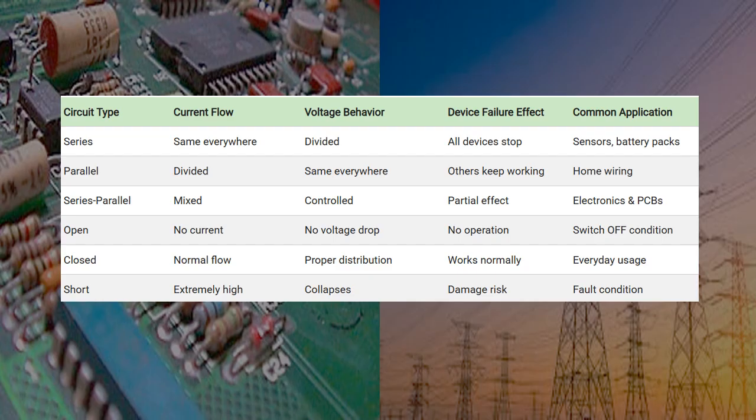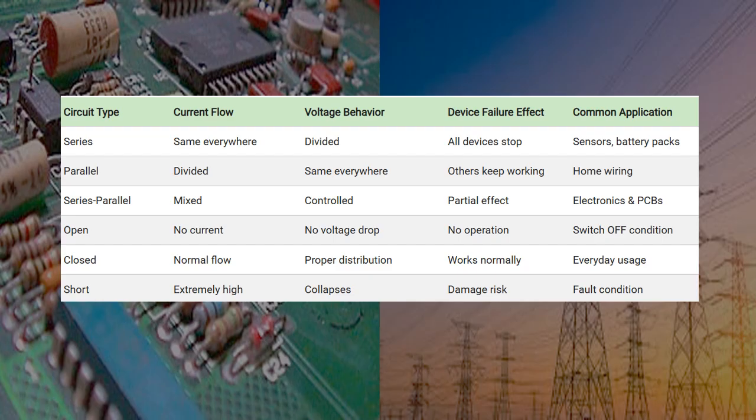In a short circuit condition, the current is extremely high because it takes the low-resistance, shortest way back to the source. If there is no resistance, that means high current. So that's one of the effects of a short circuit: very high current flowing back to the source through a low-resistance, short pathway.